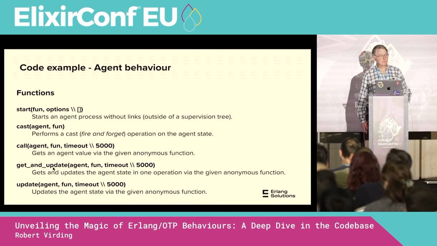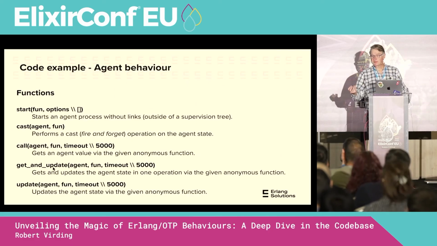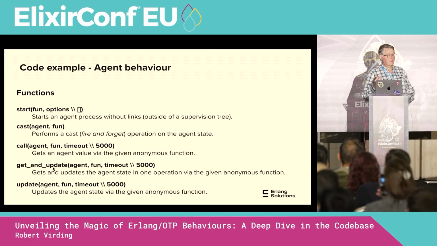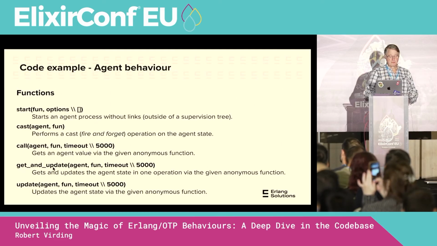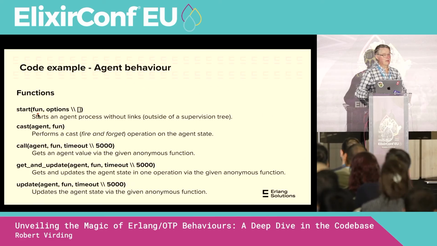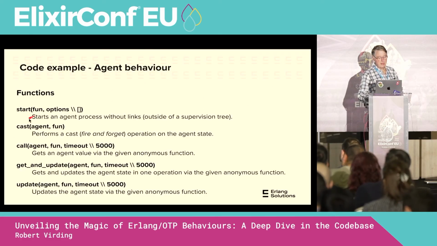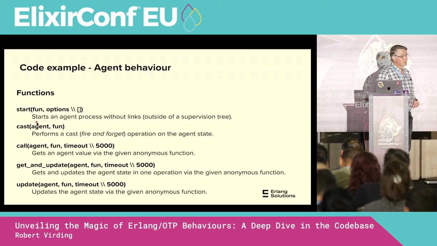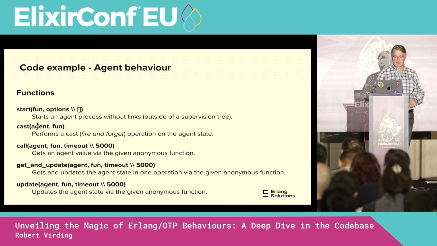There's a start one for starting up. Agents have a state, they have data, and that data is accessed by sending functions to it. So when I initialize it, I send it a fun. This fun is evaluated in the behavior process, the agent process, which then saves its return value. I can do a cast. I send a fun into the agent, and that fun will be called with the local state and will generate a new state, which will be saved.